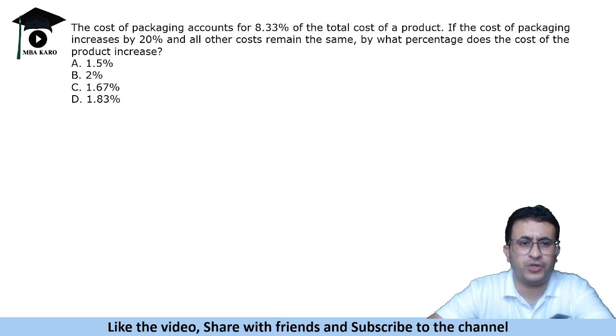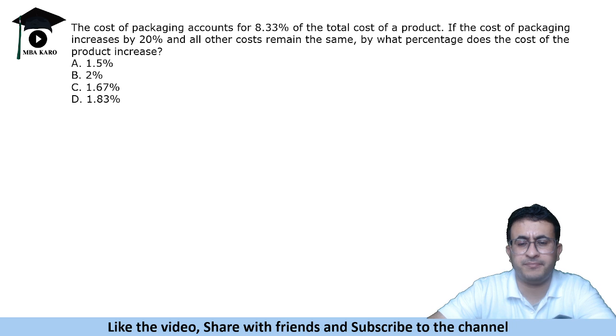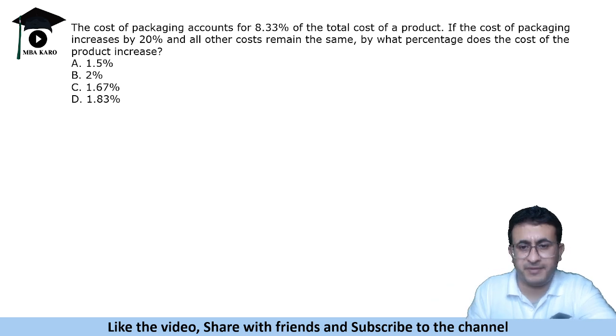It says that the cost of packaging accounts for 8.33% of the total cost of a product. If the cost of packaging increases by 20% and all other costs remain the same, by what percentage does the cost of the product increase? Now, although it's a simple question, in order to maximize your speed, you need to know the multiplying factors.